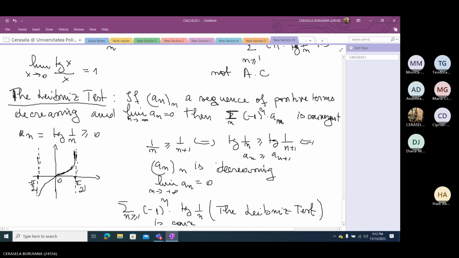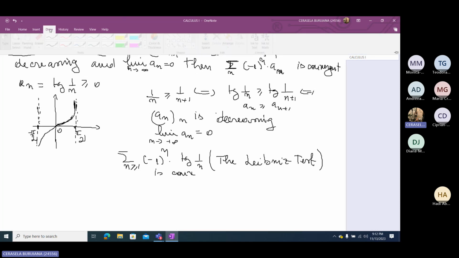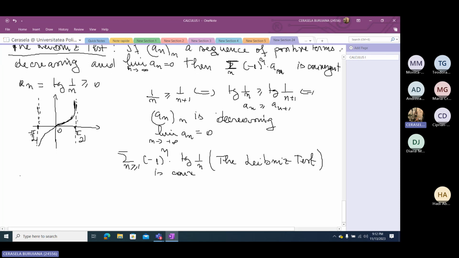Questions? As an exercise for home, similar let's say, but I will leave you to work by yourselves at home. I will take an alternating series, the series of general term (-1)^n over n times 5^n.